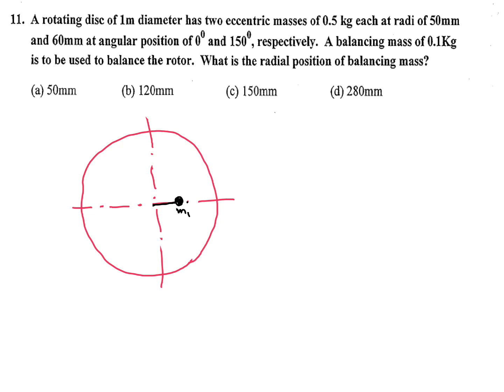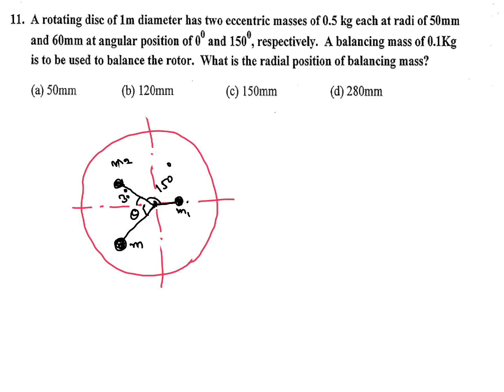So here second mass M2, this angle is 150 degree, so this angle is 30 degree. We have to calculate the balancing mass. Let the balancing mass be here and its mass is M, and the angle is theta, let.